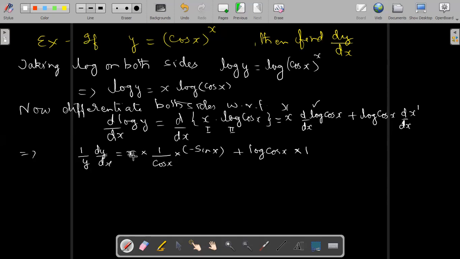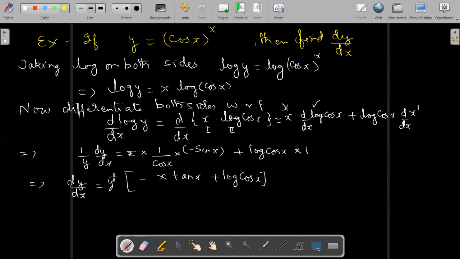That's it. Now this y will go to the other side, so we get dy by dx equal to y into minus x sin x upon cos x, which is minus x tan x, plus log cos x. At last, don't forget to put the value of y.